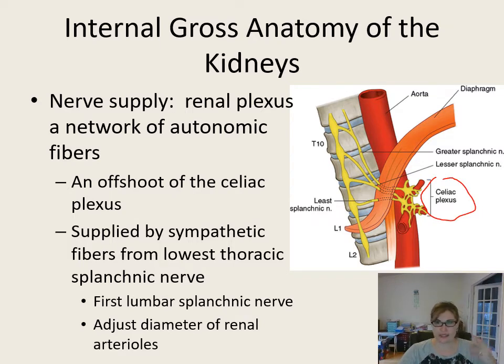And our renal plexus is going to branch off of that. And this was supplied by sympathetic fibers, and here's those other nerves that I was referring to. And that goes with lumbar nerves. So don't stress about this right now.